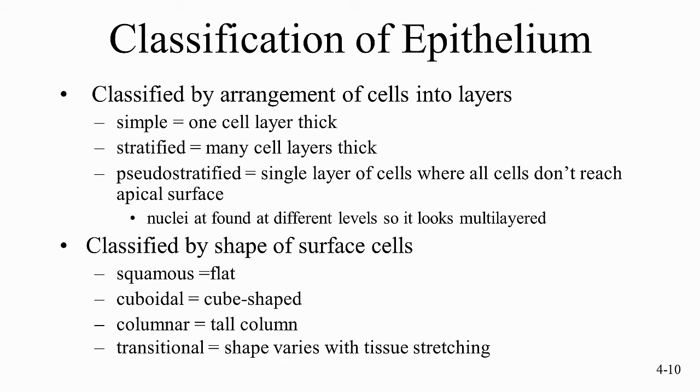And take a look at that sometime, and we'll be looking at it in just a bit. But like stratified squamous epithelium, you look at those bottom layers of cells, some look cuboidal, some look columnar, but you look at the very top and you'll notice that they're starting to flatten out, till we have some very flat cells. So always remember to look at the top layer of cells to name epithelial tissue.